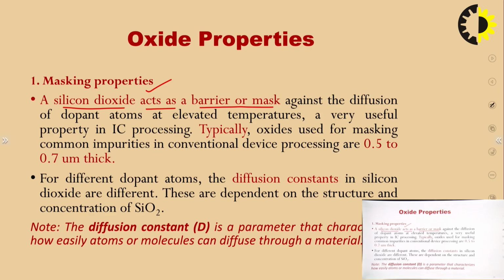This is a very useful property, and to act as a mask, the thickness of the oxide layer is typically in the range of 0.5 to 0.7 micrometer. So, to act as a barrier or mask so that the dopants cannot be infused inside the substrate at undesired locations, the thickness of the oxide layer at those places should be in the range of 0.5 to 0.7 micrometer.